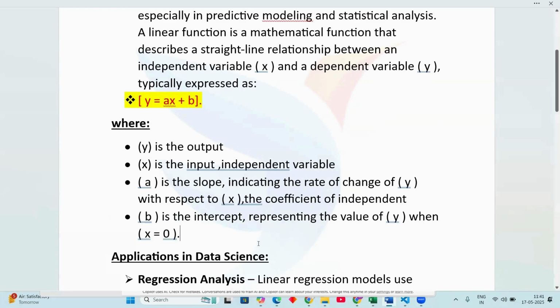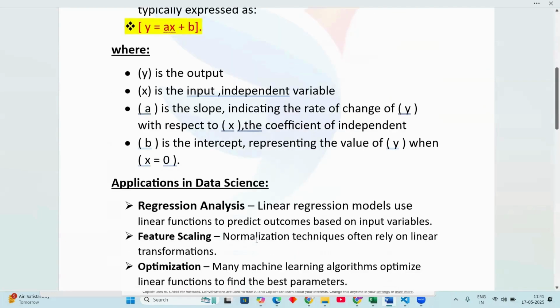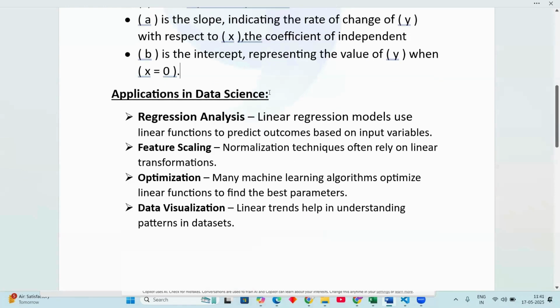What are the applications in data science? The applications are regression analysis, feature scaling, optimization, and data visualization. Regression means building models using linear functions to predict outcomes based on input variables.